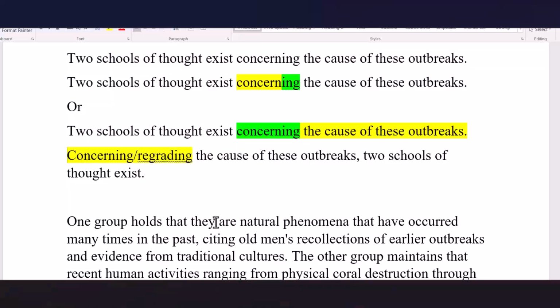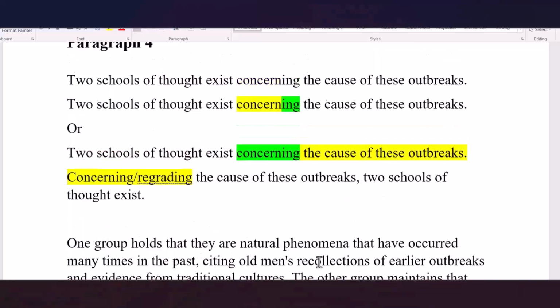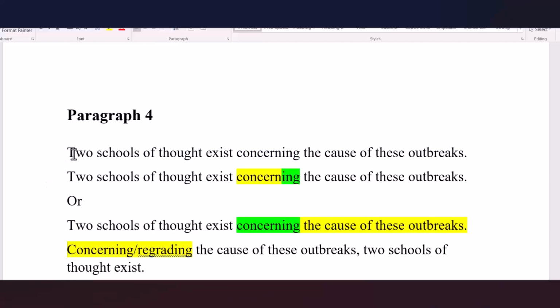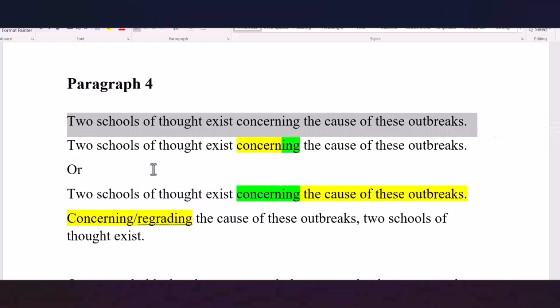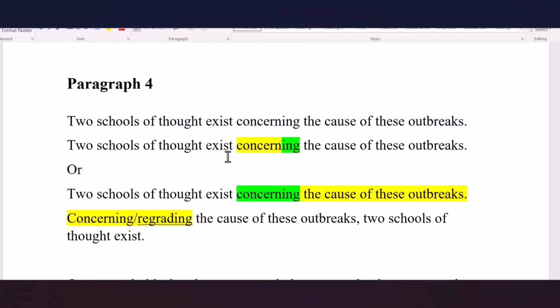Yeah. So the first sentence of paragraph 4 can be interpreted in two different ways in terms of grammar. The first interpretation states that the clause beginning with concerning, this clause, is the reduction form of a relative clause with that.